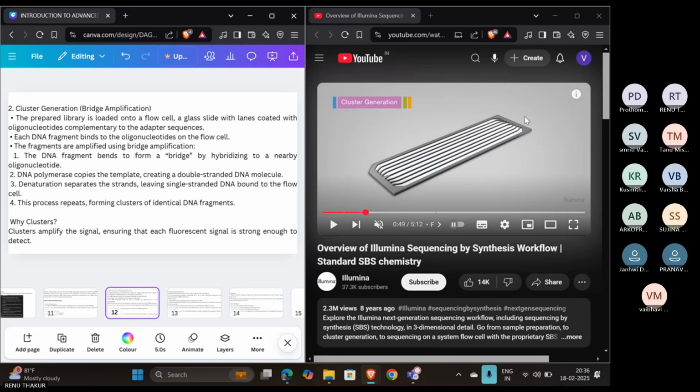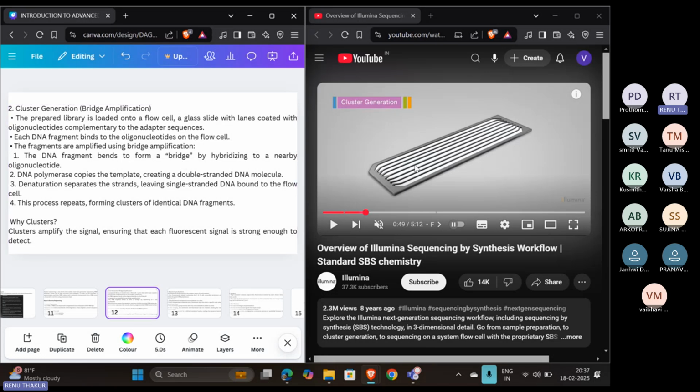You all know what complementarity means, right? These lanes in the flow cell are already coated with oligonucleotides, which are nothing but short DNA fragments complementary to the adapter sequences present in the fragmented DNA.